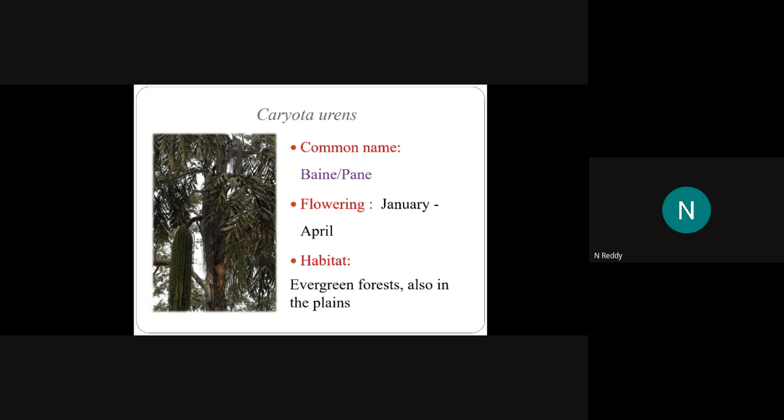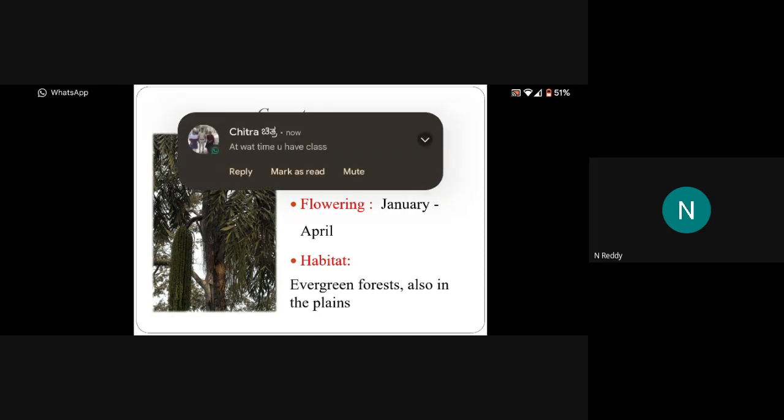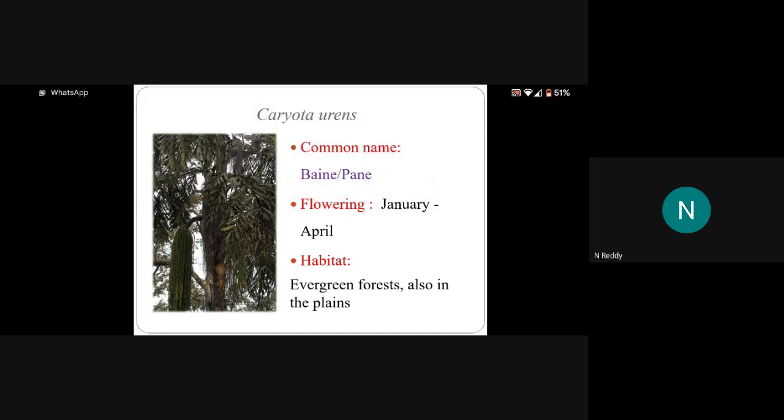If you need to start any apiary, you have to plan to plant new species which flower in the off season, in the season where flowering is not naturally observed in natural conditions.